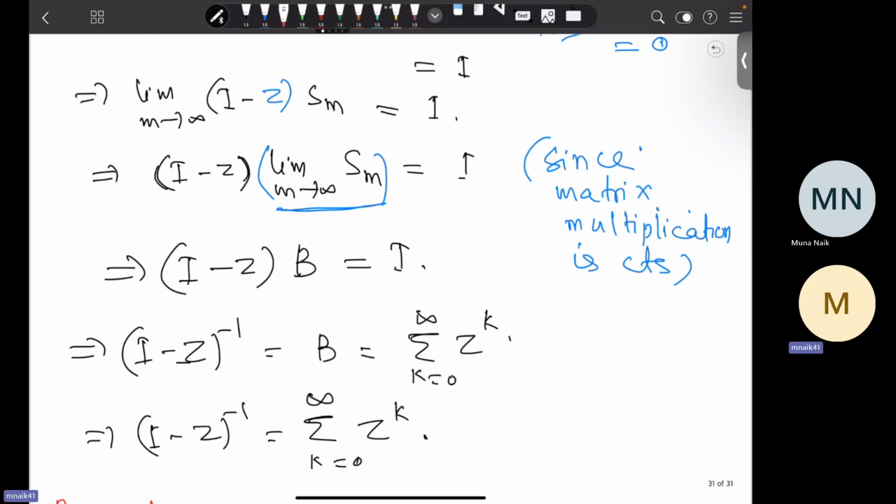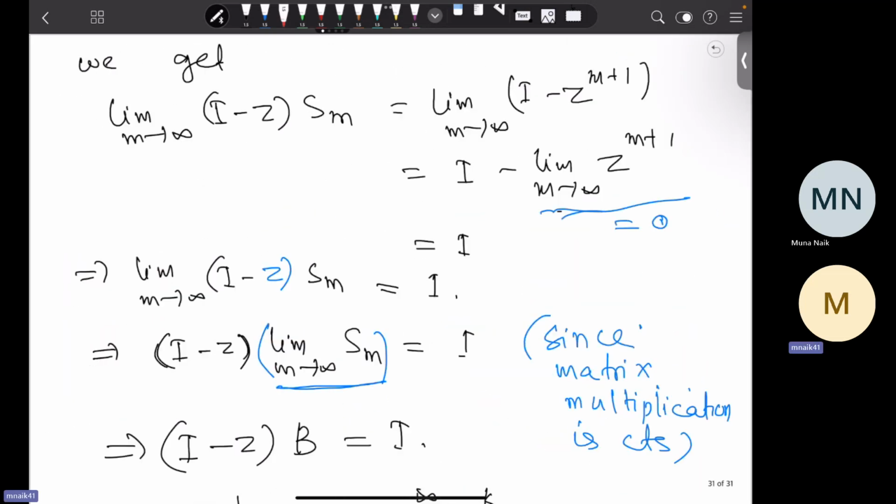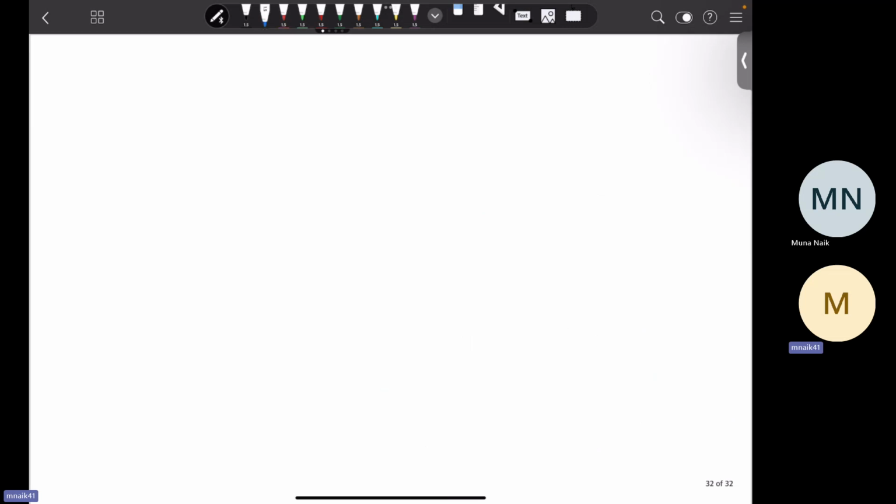Second thing, I will leave as an exercise. What is I minus z inverse? I minus z inverse is really 1 plus z plus z square plus z cube and so on.